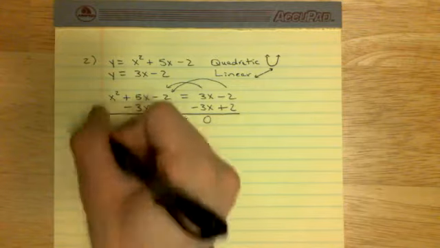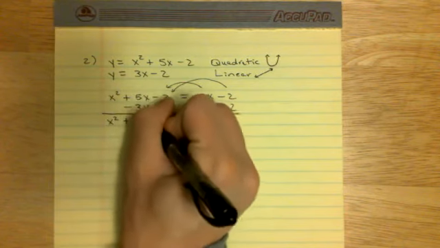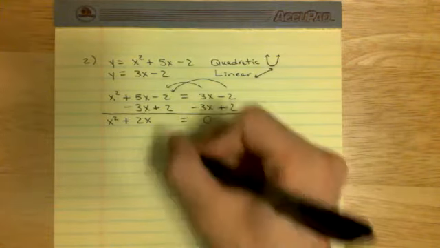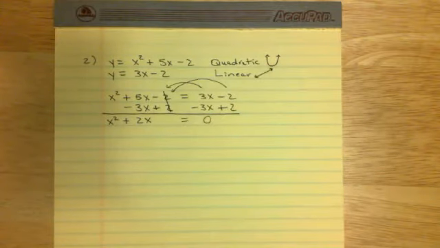I'm going to get x squared plus 2x. And the reason why I don't have a number at the end is because the negative 2 and the positive 2 are going to cancel each other out. Okay, so now I have something that I can factor on the left side. So how can I factor this?